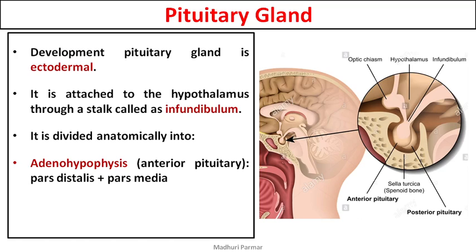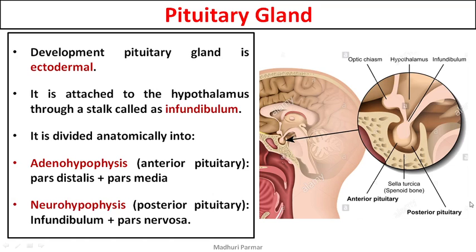It is not separately showing, so we include it in the anterior pituitary. We do not see that extra lobe separately. So adenohypophysis or anterior pituitary is made up of the pars distalis and pars media. Fine. And neurohypophysis or posterior pituitary is made up of the infundibulum part as well as the pars nervosa.